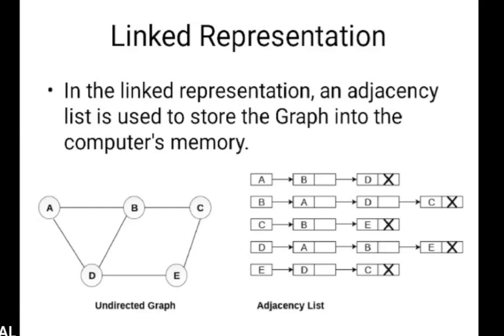There is no hard and fast rule about this, but we should show all the nodes to which it is connected. So basically, this conveys B is connected to A, B is connected to D, and B is connected to C. Similarly, E is connected to D and E is connected to C. So this is how we show the linked representation.